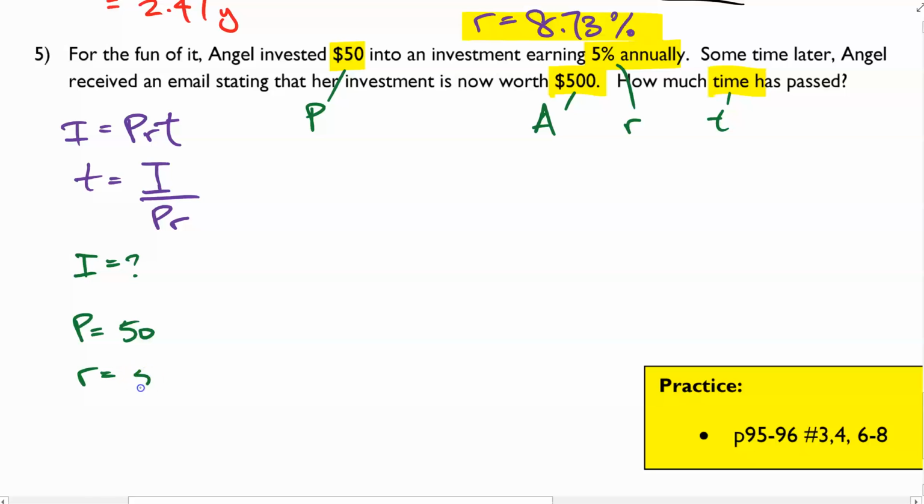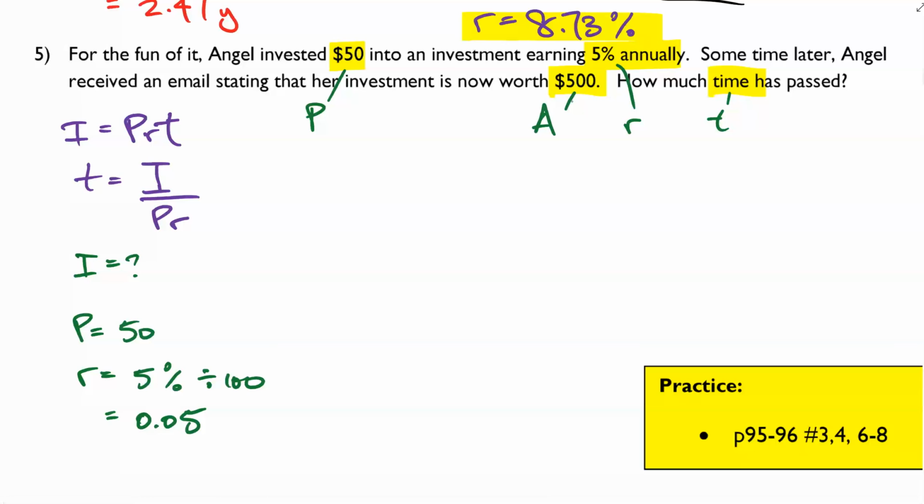Yep, 5%. Of course, we're going to divide this by 100 and turn it into 0.05. But we don't have I. So how much interest was earned? $50 ends up being $500. Obviously, it's $450. But how do we communicate that with algebra?